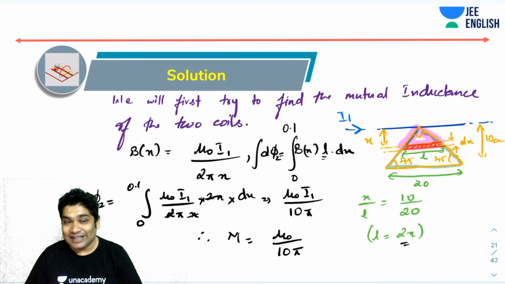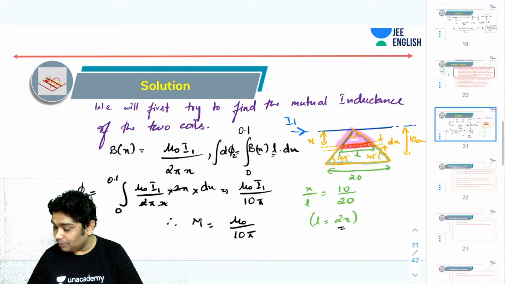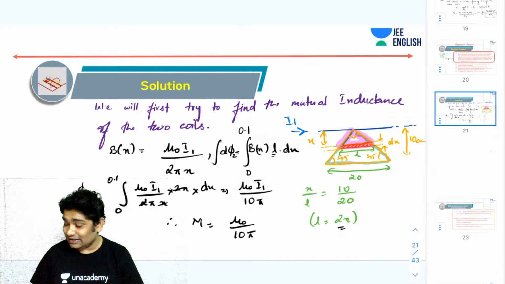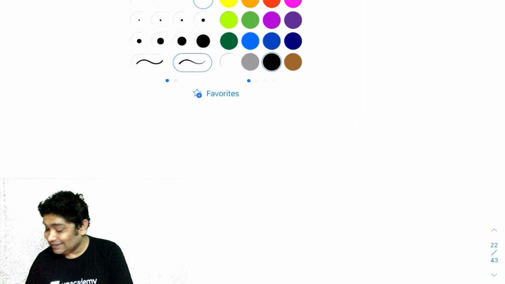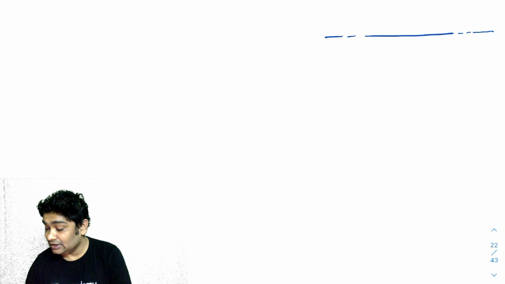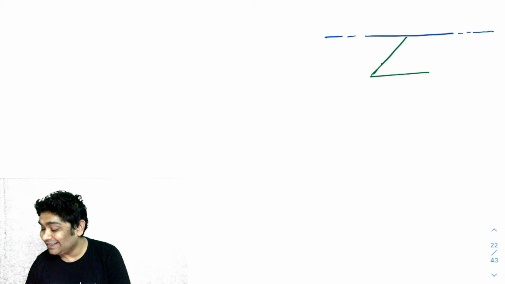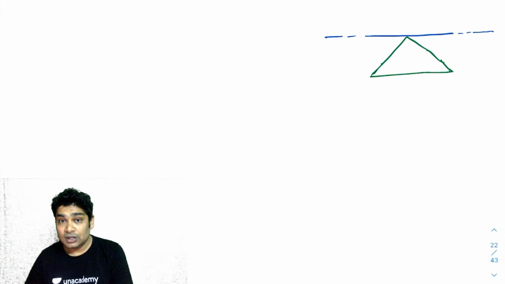Now, let's see what will happen when the current actually flows through. So let's add a page here. Now let's imagine the situation that was given to us. Now you know that this was the case, this is the wire and this triangular loop, and this triangular loop is carrying a current of some I2.